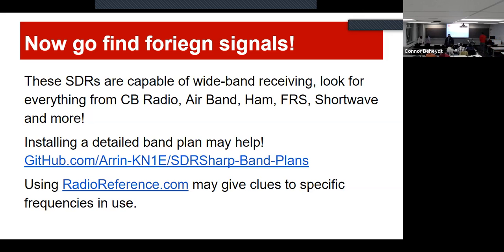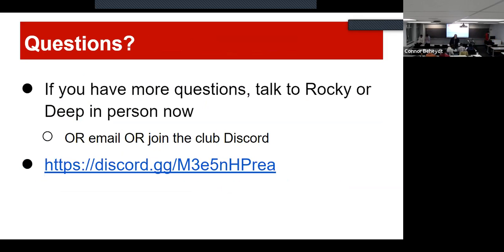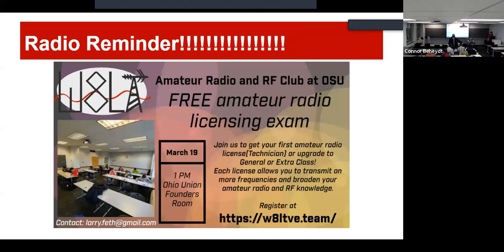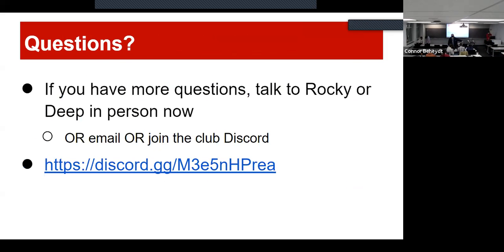Okay, so AM radio, commercial AM. Yeah, this is on the lower side of the frequency spectrum. When it comes to amplitude modulation or frequency modulation, there is no difference technically.